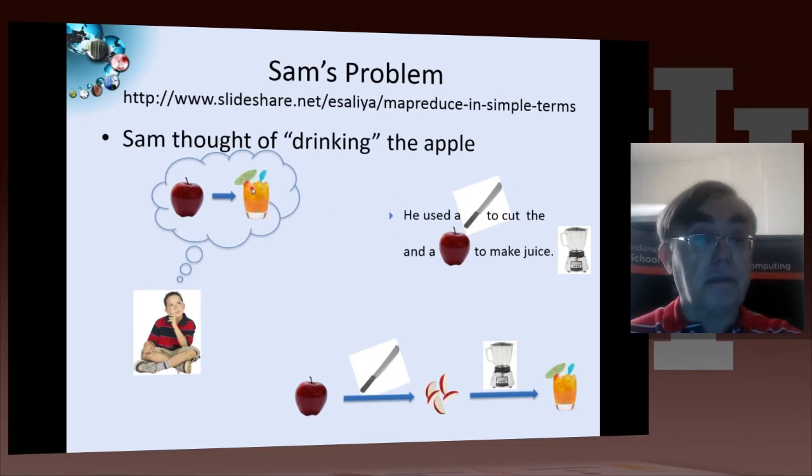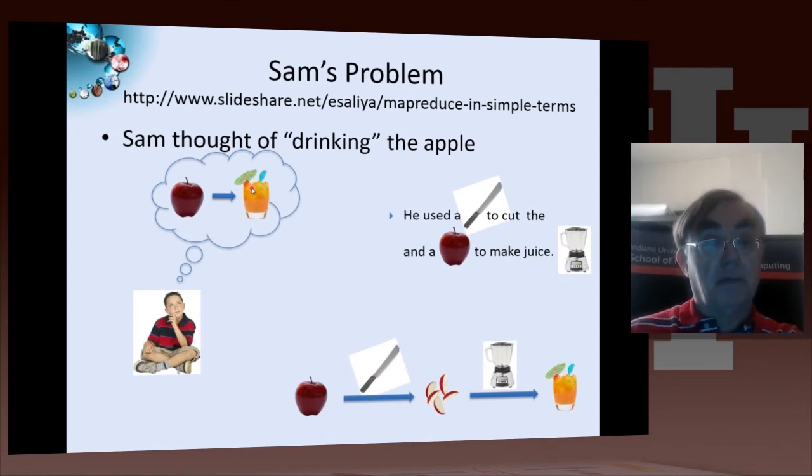And the reduction will be that the fruit ends up in either bottles or glasses, because that's the form we want the final result. So if we just have one apple, we first map the apple by cutting it into parts. Then we map the apple by putting it in a blender, and then the blender puts it in a glass. So that is the sequential version of this particular problem.